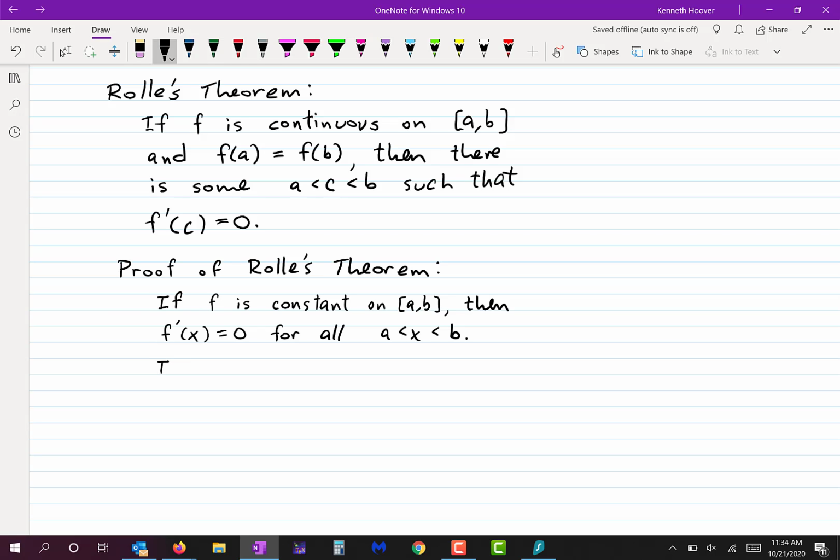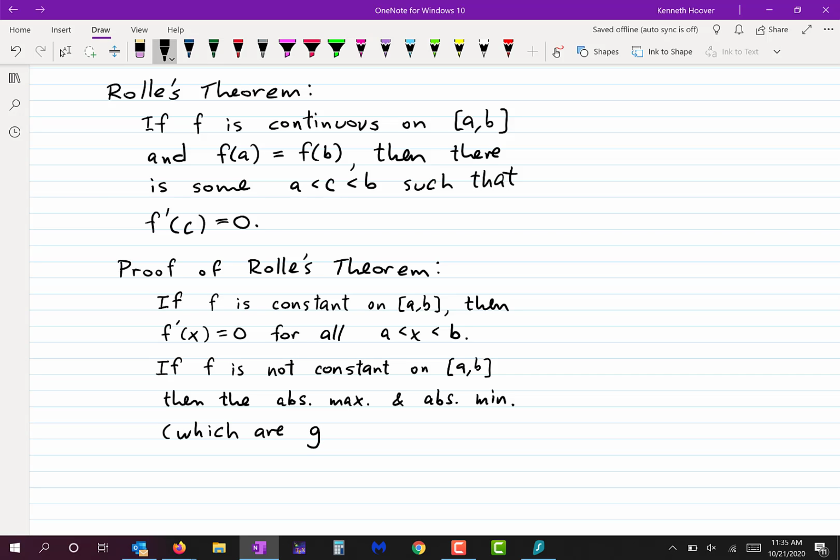Okay, now if f is not constant, that's the other possibility. If f is not constant on the closed interval from a to b, then the absolute max and absolute min, which are guaranteed by the extreme value theorem.